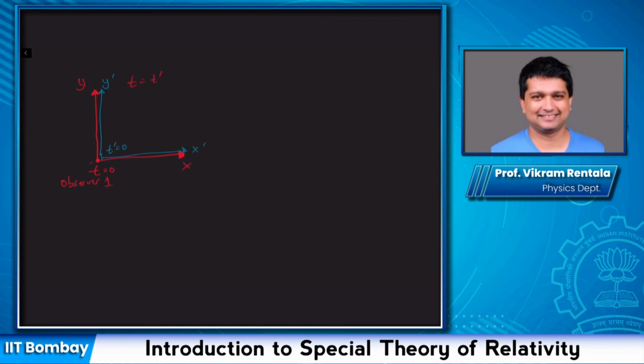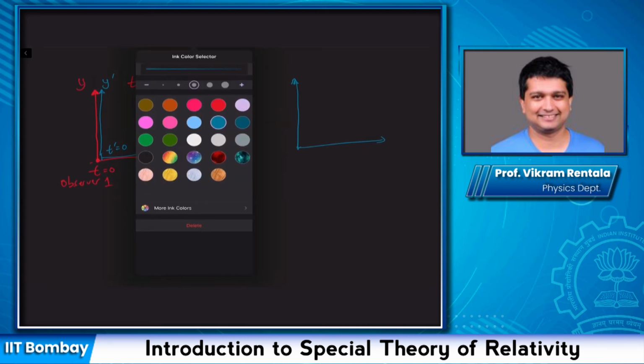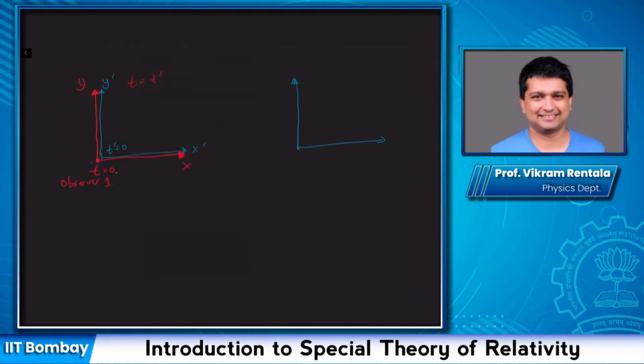Let's suppose observer 2 is now moving with respect to observer 1, and the way they're moving is that after some instant of time t, they are displaced by an amount a. But this a is not independent of time, it's a function of time.